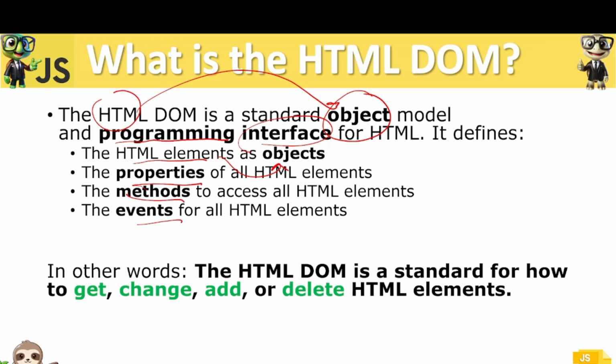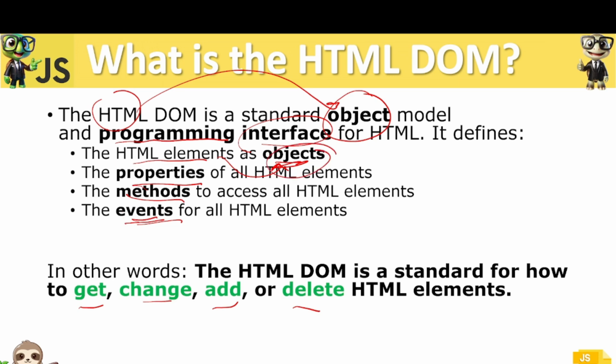So when we talk about an HTML document, everything inside the HTML, the elements that are there, are considered objects. Through those objects you can access all the major properties of your document, the attributes, the methods that access all elements, and even the events. You can control everything using this object notation.